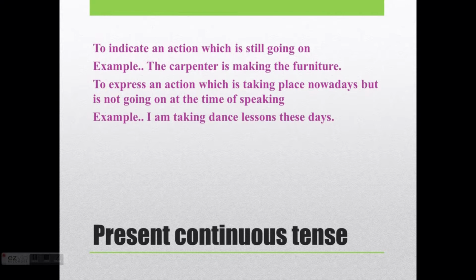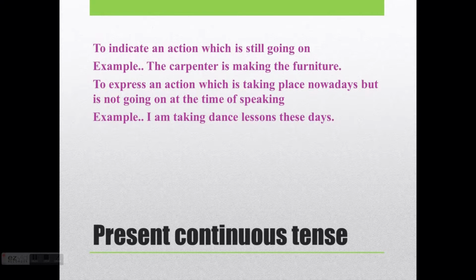That means when I am saying this to you, I'm not dancing right now. But I'm saying I'm taking dance lessons these days. I'm regularly following these dance classes, but I'm not dancing right now. So in this case, we can use present continuous tense.